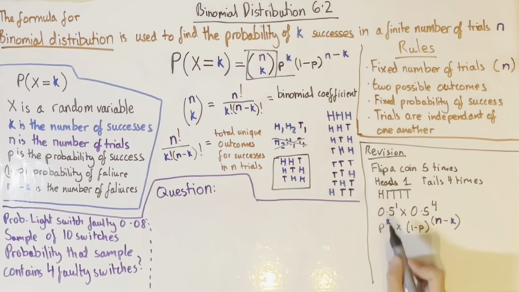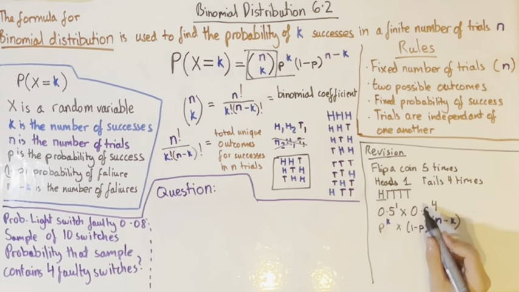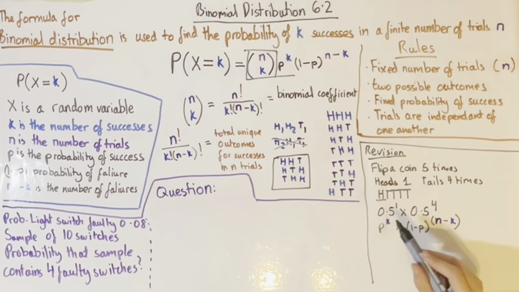So we can also represent the probability of success, p, as being 0.5, that's the probability of getting heads, to the power of the number of successes, so our number of successes is just 1 in this case, so it's 0.5 to the power of 1, times 1 minus the probability of success, which is already 0.5, so that'll just be 0.5, to the power of n, the number of trials, minus k, where k is the number of successes.